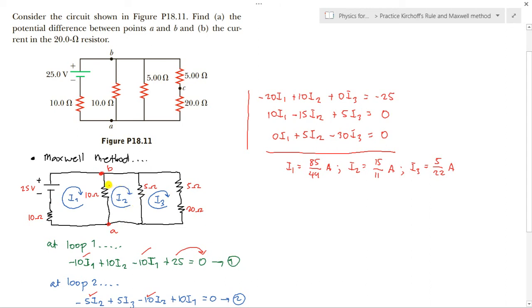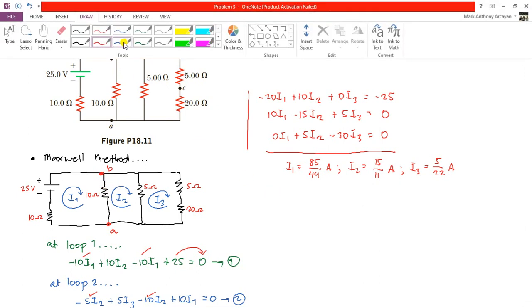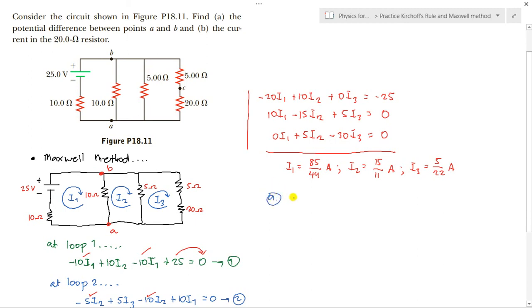For B to A, that is just equal to the voltage at the 10 ohm resistor, di ba? Pareha na siya. Voltage dira sa 10 ohm resistor, which is also equal to the voltage at the 5 ohm and the voltage of these two resistors 5 and 20, because nakaparallel na silang tulo diri.